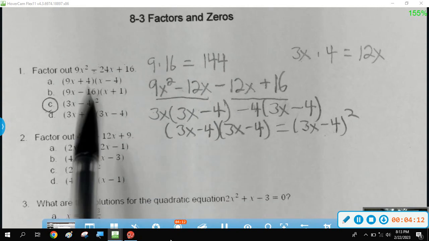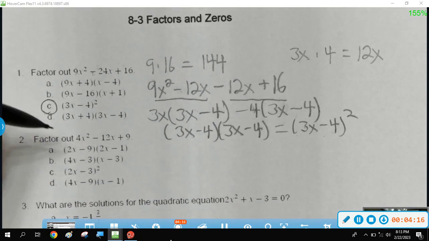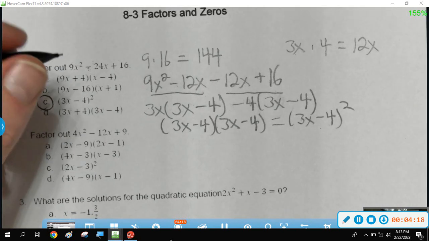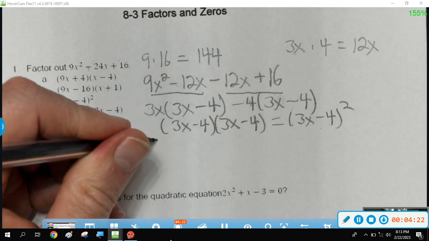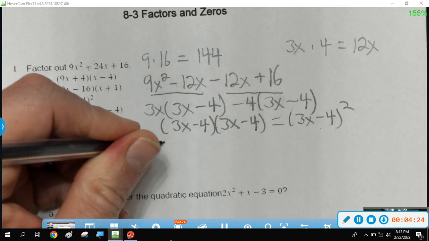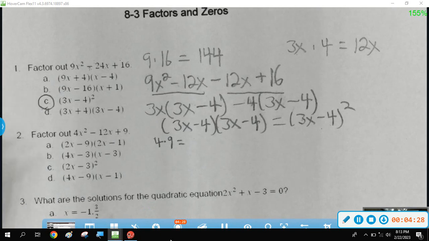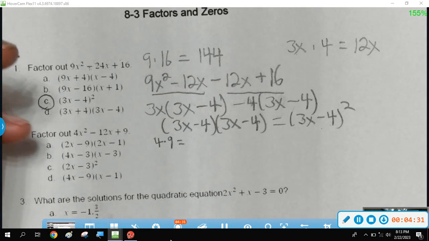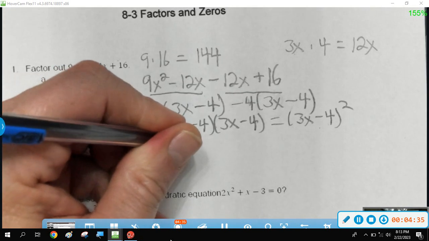Okay, on the next one now, let's try and see if we can factor out the next one, 4x squared minus 12x plus 9. If we go with the AC method, we're going to have to multiply out 4 times 9, and 4 times 9 is going to give us, let's see, 36.